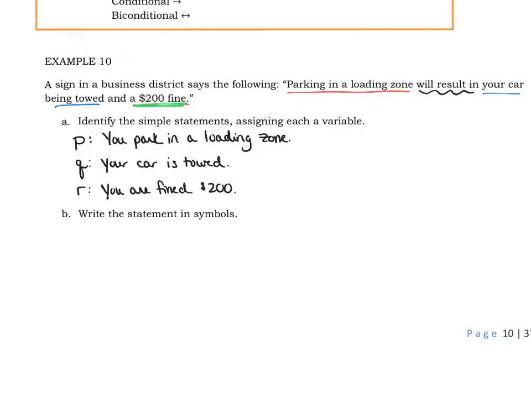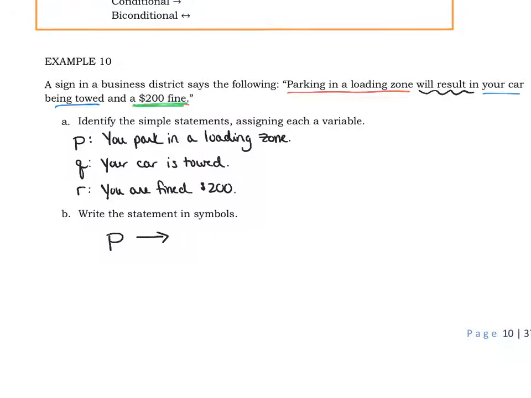This is like saying if you park in a loading zone, then the result is your car gets towed and you're fined $200. Okay, so if what? If you park in a loading zone. So there's your P, and then our if then arrow. Okay, and then what happens? Is it one thing that happens or is it 2 things that happen? Well, it's 2 things that happen, right?